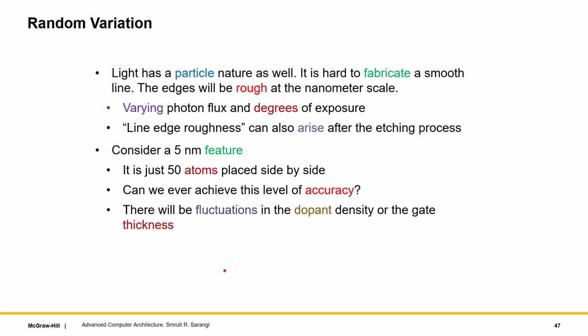Random variation, on the other hand, happens for a diametrically opposite reason. We had a problem with the wave nature of light. Now, lo and behold, we have a problem with the particle nature of light as well. So, how is this problematic? Well, it's problematic like this: if I want to fabricate a smooth line, then I need a uniform photon flux throughout the line.